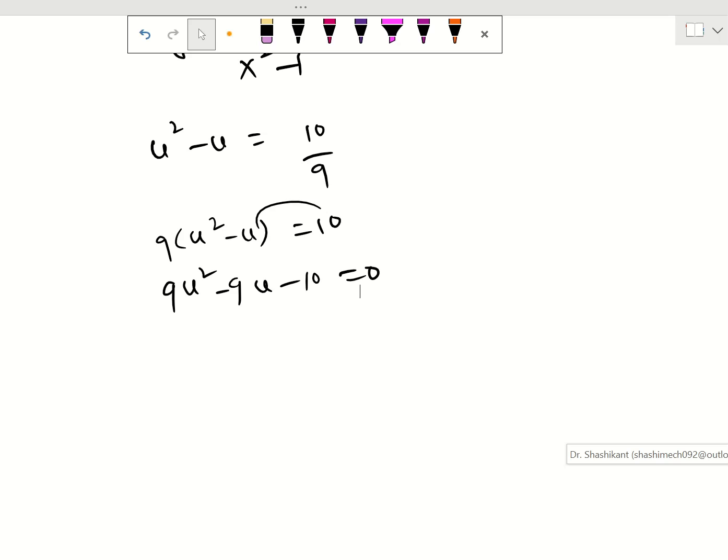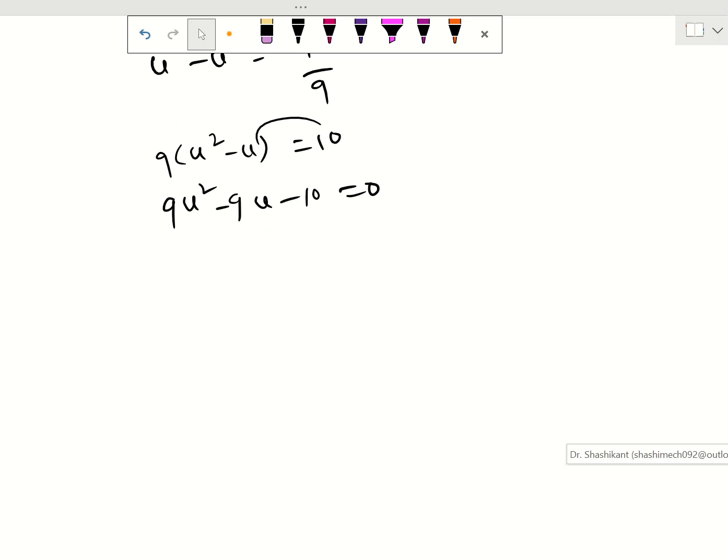Now we can factorize this. 9 into 10 is minus 90 u square, and we can factorize this as 15u and 6u. 15 into 6 is 90, so it is minus 90 u square.